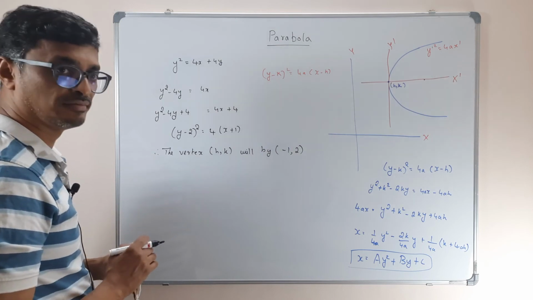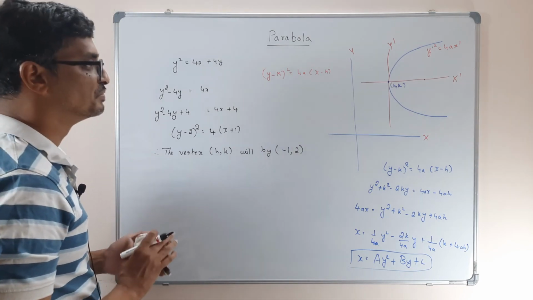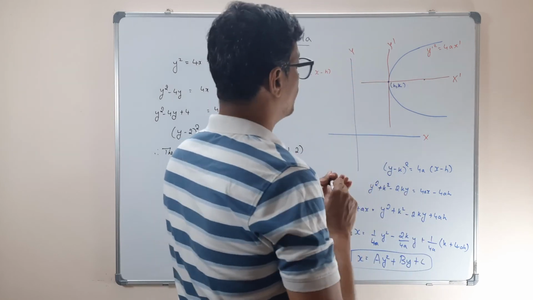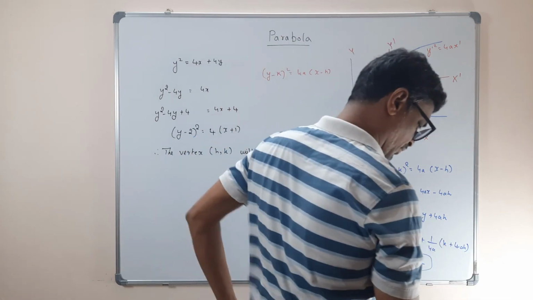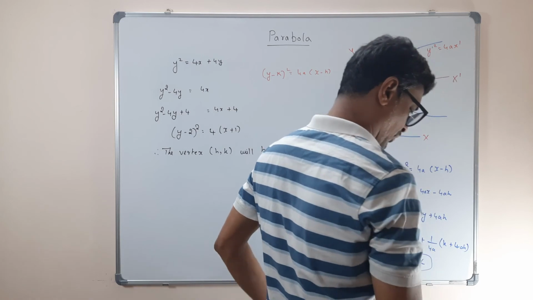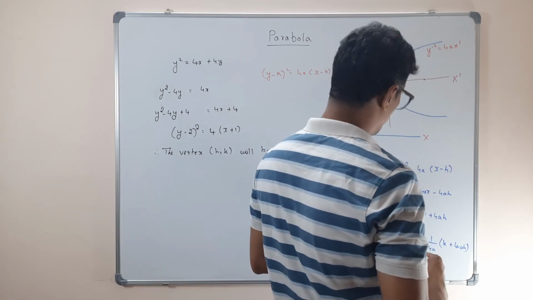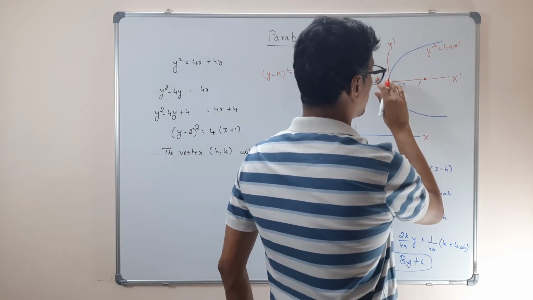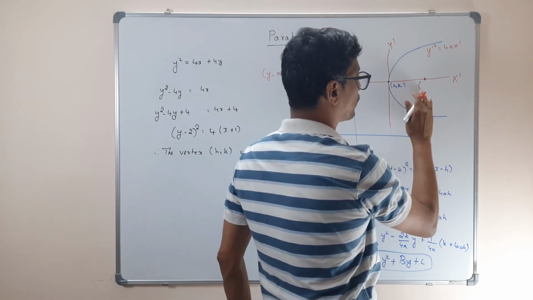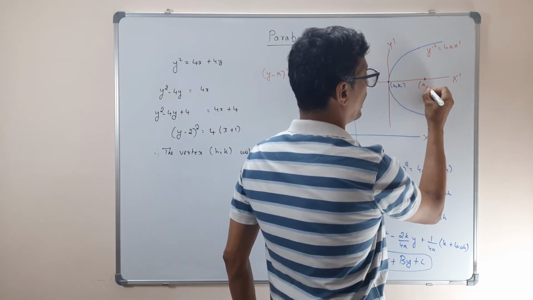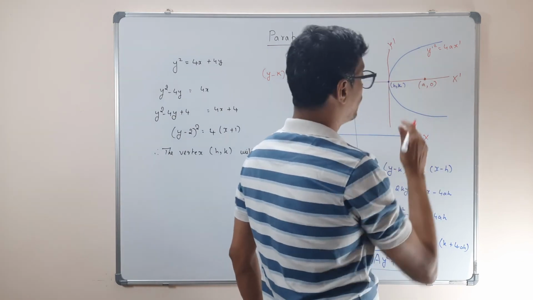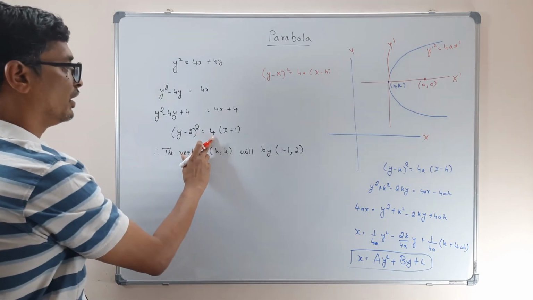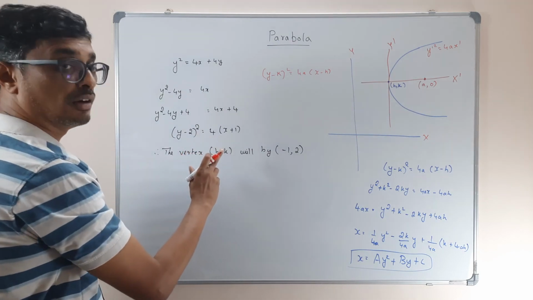Okay, focus. The equation for focus is simple, na? This is the same form of equation. Now, what is the focus here? In your earlier case, what will be the focus? You remember the focus, na? For the normal coordinate, focus will be a comma 0. Am I right? So a you got from here. It will be a plus h.